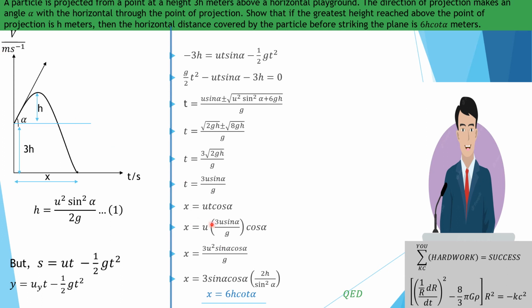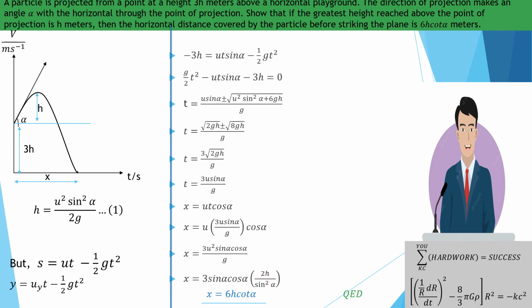What you really want to take note of is that at this particular point in our proof we have u squared over g. So you want to replace this u squared over g with h, because if I make u squared over g the subject, I'm going to have 2h over sine squared alpha. So in place of u squared over g here, I'm going to put 2h over sine squared alpha. If I simplify this, of course this sine alpha will go with one of the sine alphas here. Cos alpha over sine alpha gives me cot alpha. Then 2h times 3 gives me 6h cot alpha, which is exactly the proof.